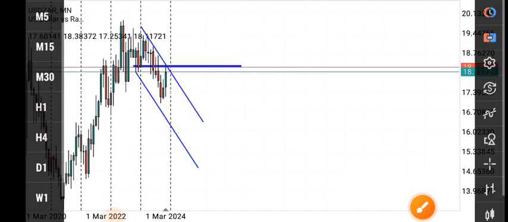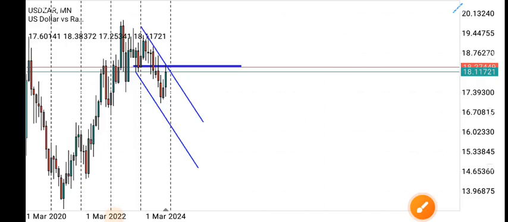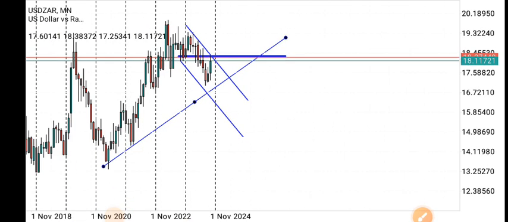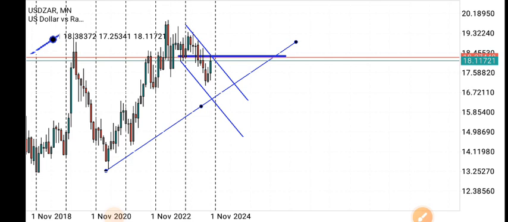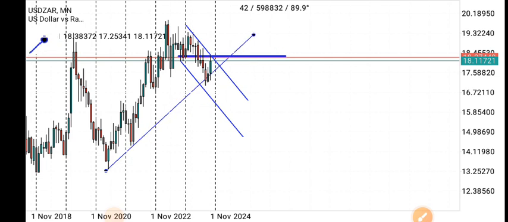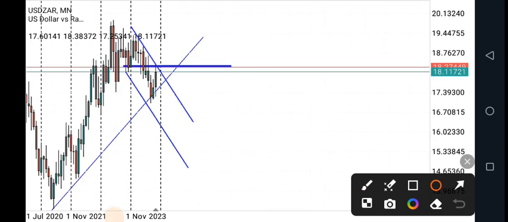And just to plot it, let's have a look. Just to plot it, just bear with me, right? We can see that the market actually has given us 3 rejections on that line, and we have the first rejection here, this would be the second rejection, and the third rejection would be here, right?